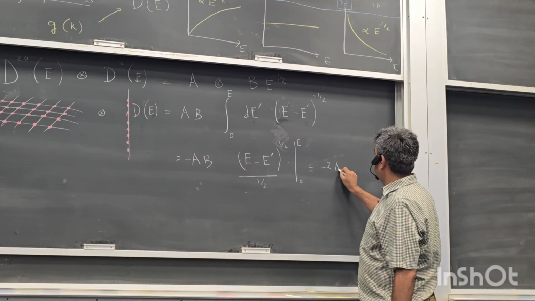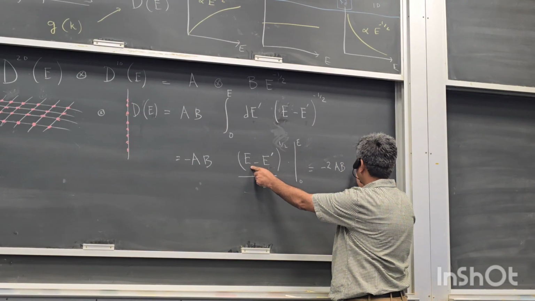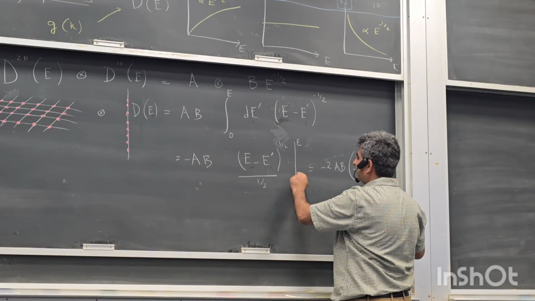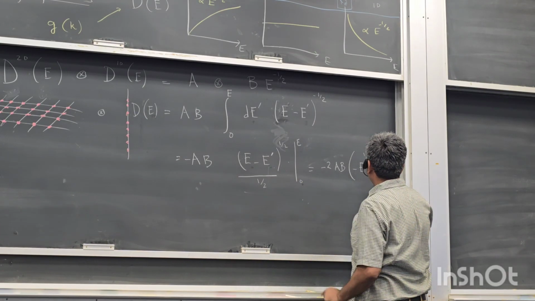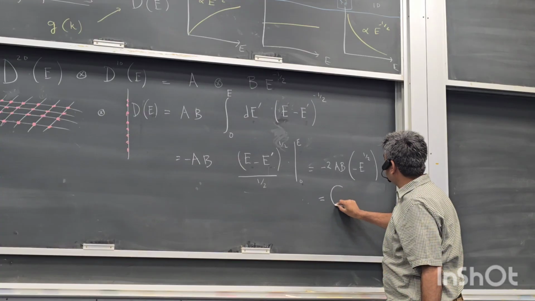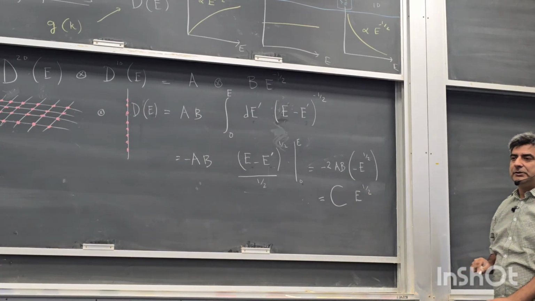Minus 2AB. When E prime is E, this becomes 0. When E prime is 0, this becomes, so I do get some constant and the desired functional form.